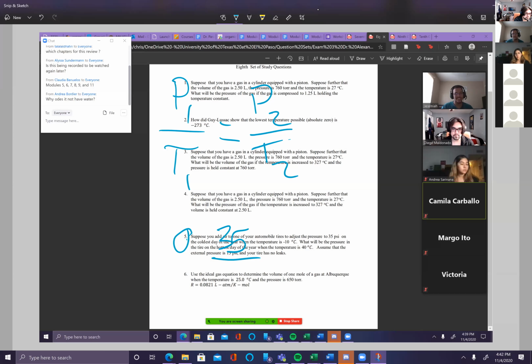In Kelvin, right? So what would it be in Kelvin? You add negative 10 plus 273.15 Kelvin, and that will give you 263. Nice. Okay, and what's the final temperature that they give us? 40 degrees Celsius, right?